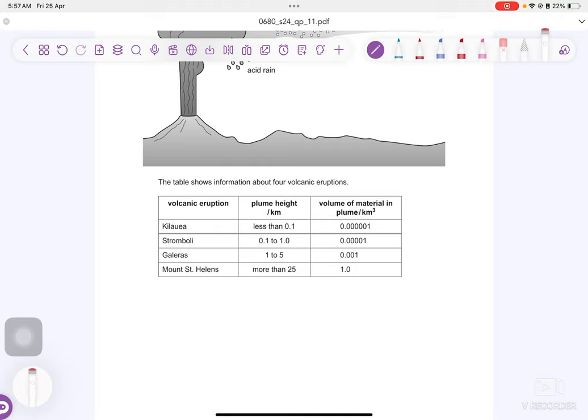Anyways, they're talking about the height of the plume and the volume of the material of that plume, okay? You have to take a look at the table. Mount St. Helens got more, okay? That's the highest, in everything, in height and volume, okay? And this Kilauea or whatever, it's the least.